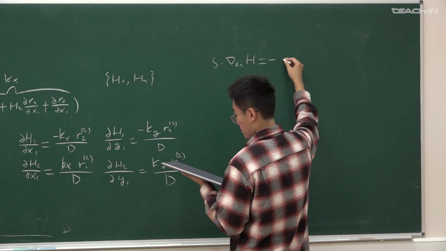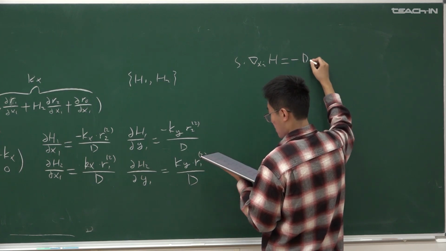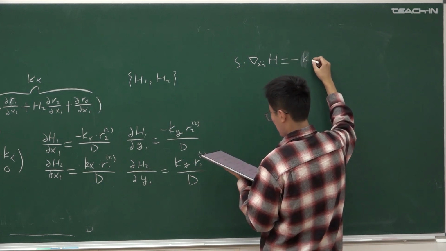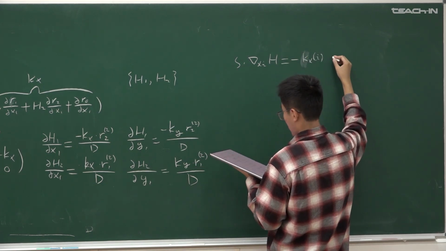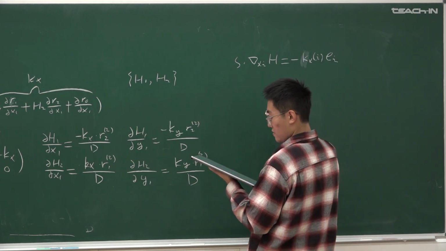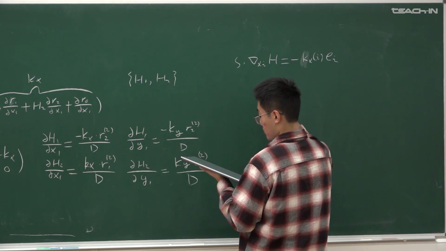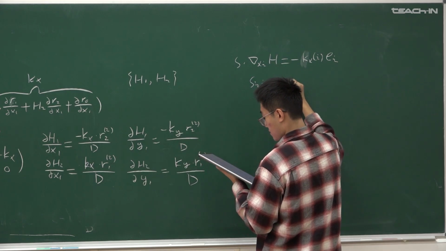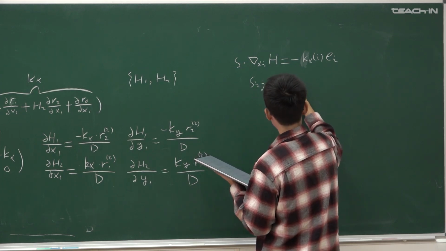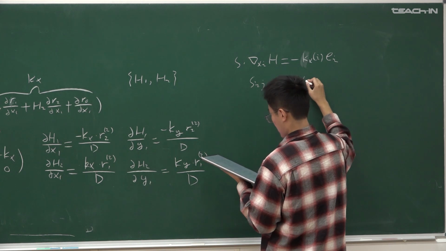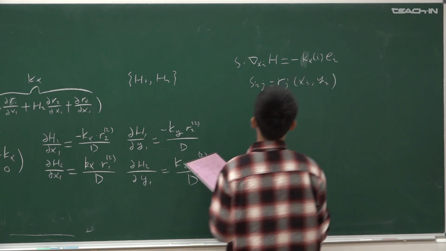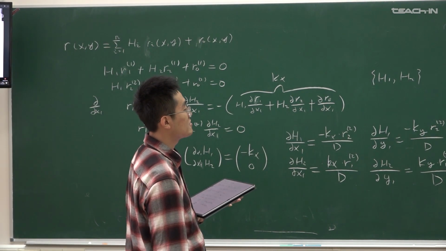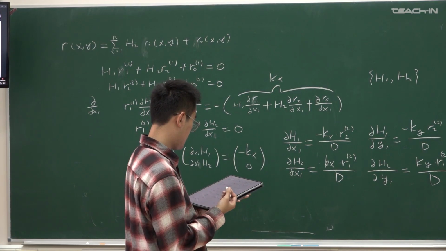It would be minus, in which Sij should be, or J X Y. Compare with this thing. It's a general case.